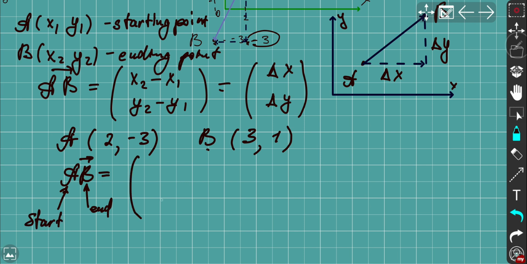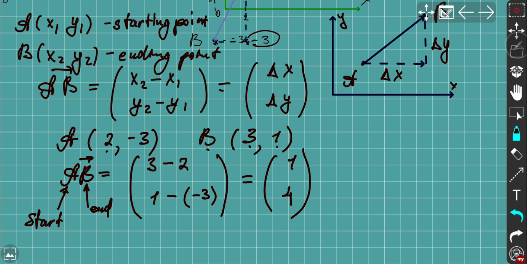So you simply subtract from the ending point 3, you subtract the x component of the starting point 2, and you do the same for y. So it's 1, the ending y coordinate, and you subtract the starting point. The starting point y coordinate is -3, so that's why you have a double minus here. And if you calculate, you figure out that it's 1 and 4. So vector AB is going to be 1 and 4.